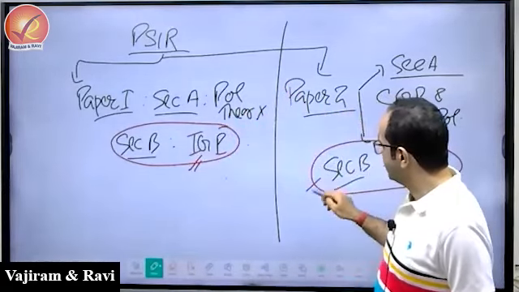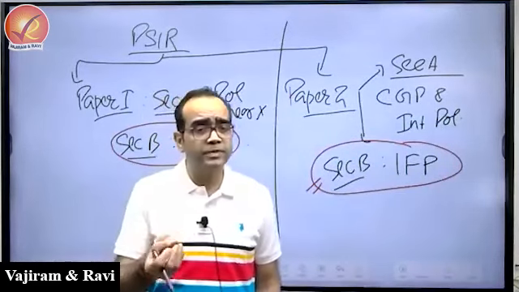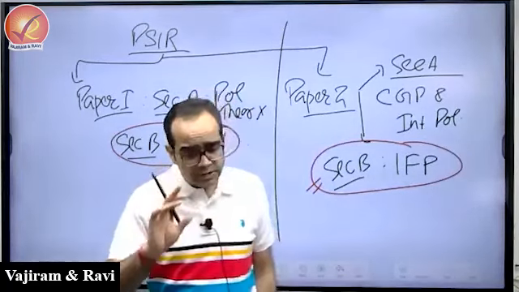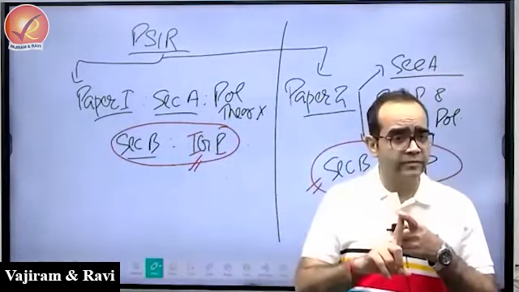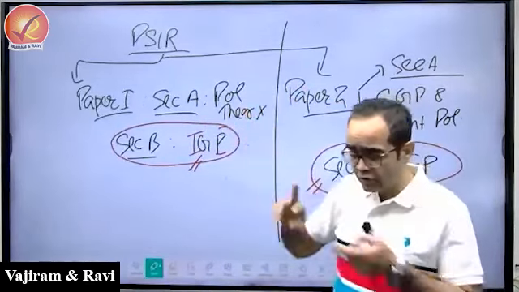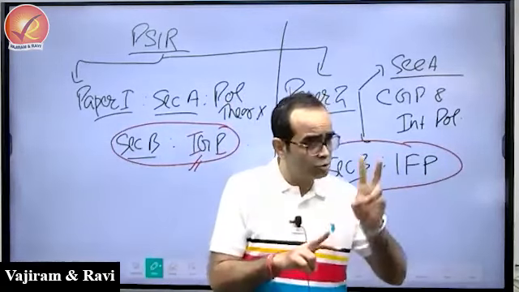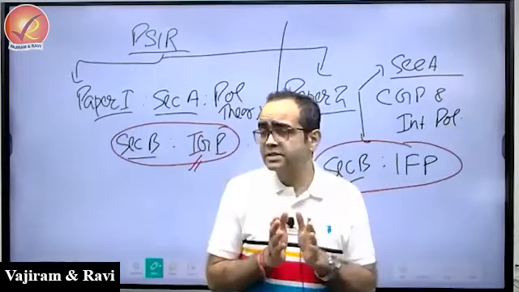What distinguishes your section B understanding in both papers, paper 1 and paper 2, is that you have to develop the understanding as per the requirement of the optional. Now, what is the requirement of the optional? You have to link it with theories which will be taught to you in section A of both papers. You will also have to link it with analysis of the scholars. These two main things differentiate you from your GS syllabus.